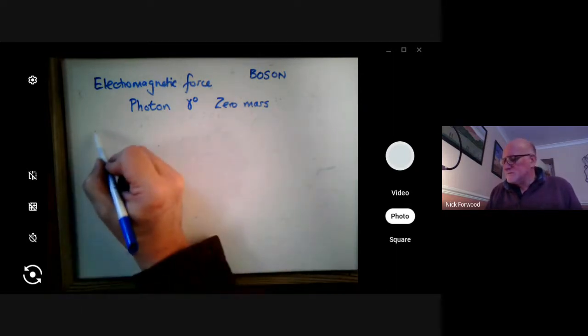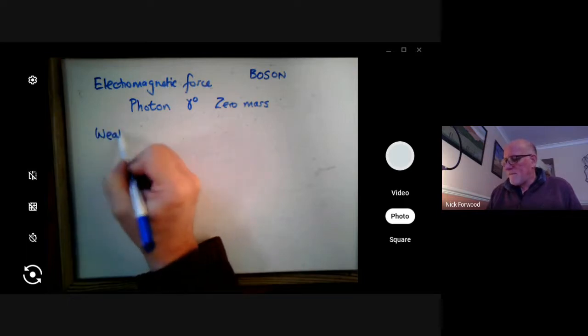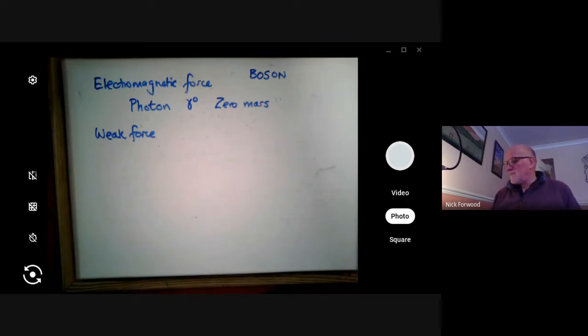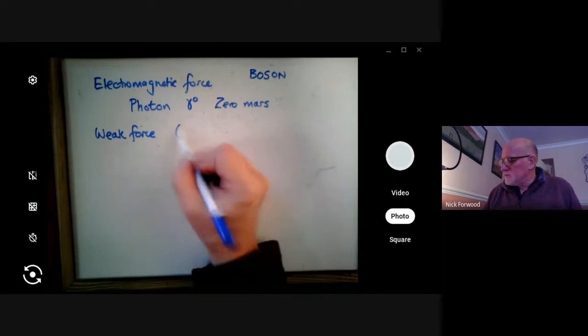Weak force. Now the weak force doesn't have one boson, it has three bosons that do the job.